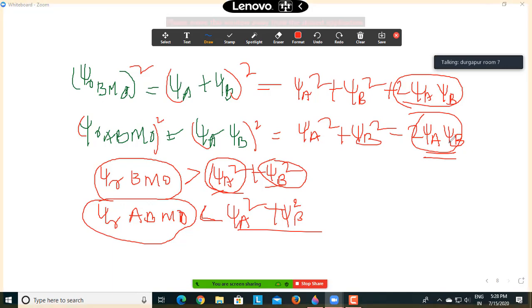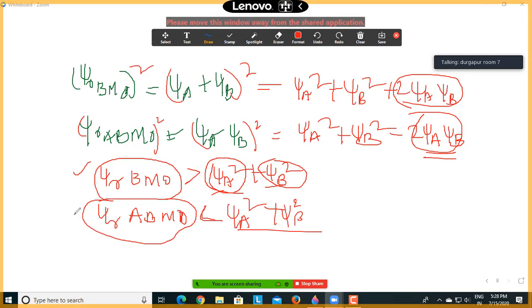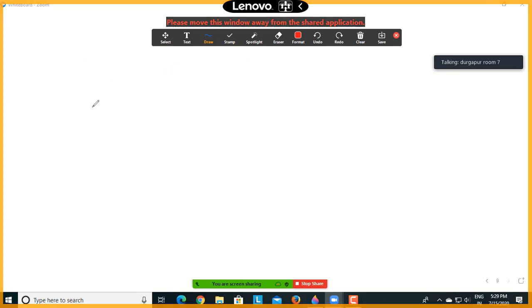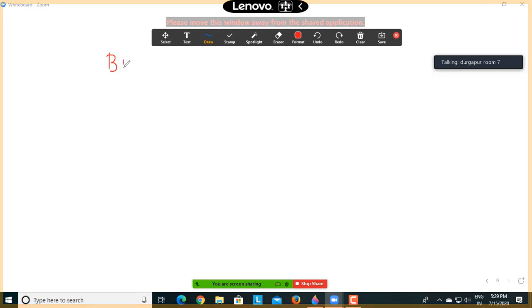If electron density increases, then we will get bonding molecular orbital, if it decreases, anti-bonding molecular orbital. So that means when two atomic orbitals overlap, it will give two types of orbital. One is bonding molecular orbital, another is anti-bonding molecular orbital. Okay, what is the difference between these two?